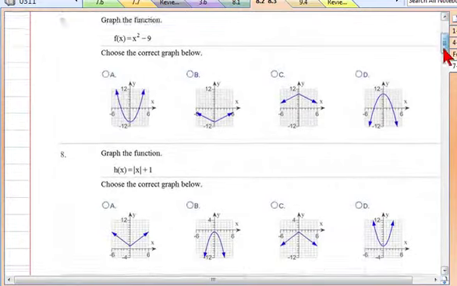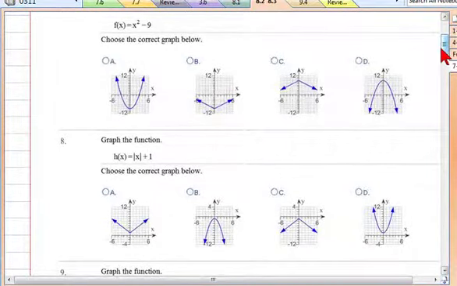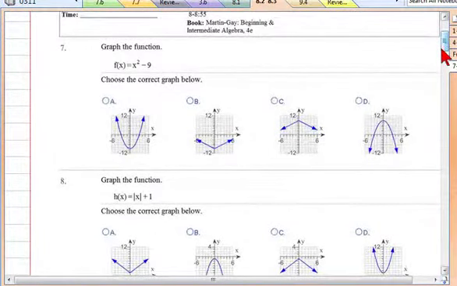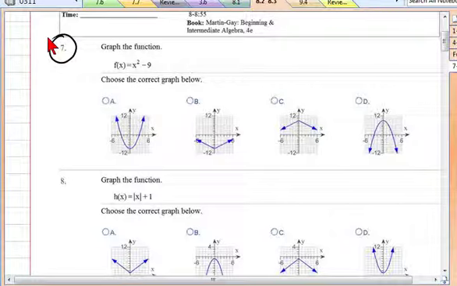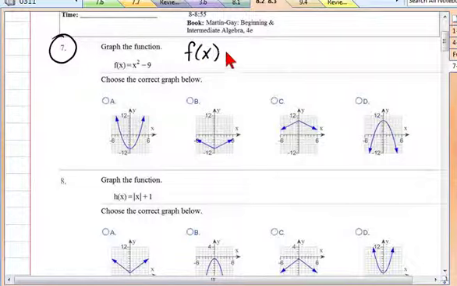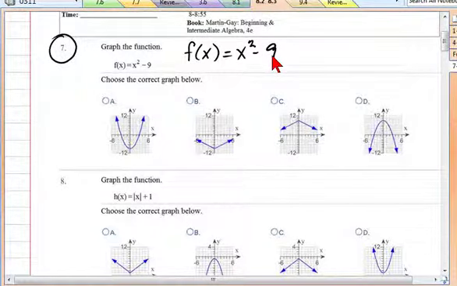It would be really, really good if you had these printed, and if not, it may be difficult to see because I cannot project each one of them large enough. All right, the first one asks you to graph f of x is x squared minus 9. Tell me what the shape of the graph will be.